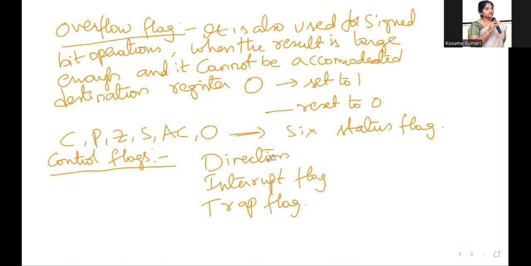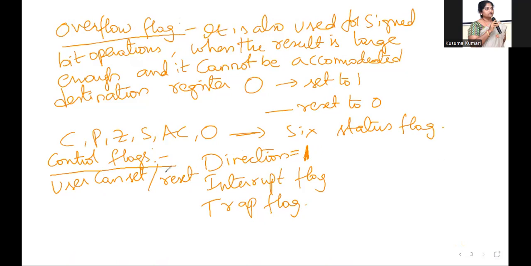Okay. So direction flag means, suppose the direction flag is equal to 1. These are the control flags. Control flags in the sense the user can set or reset them. Suppose the user sets the direction flag to 1, then one type of operation can be performed.